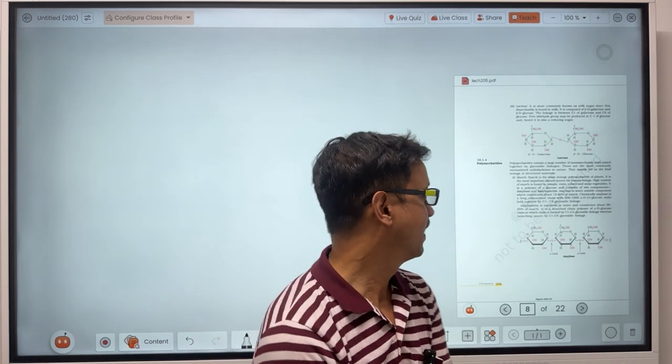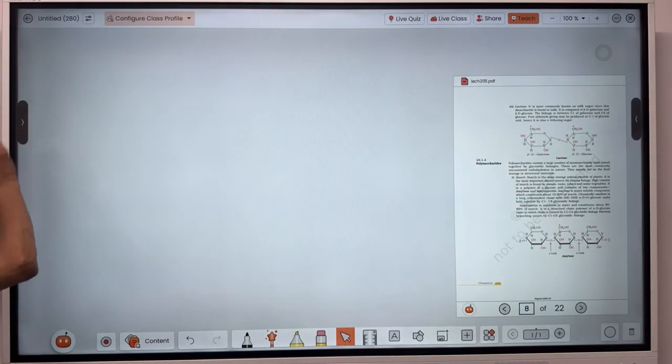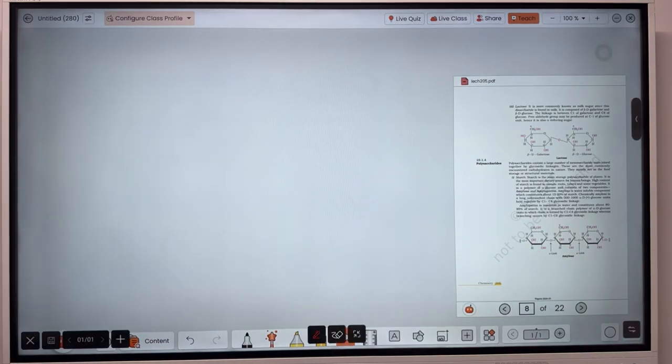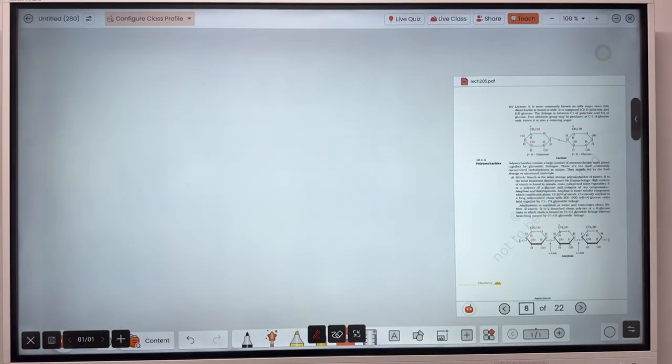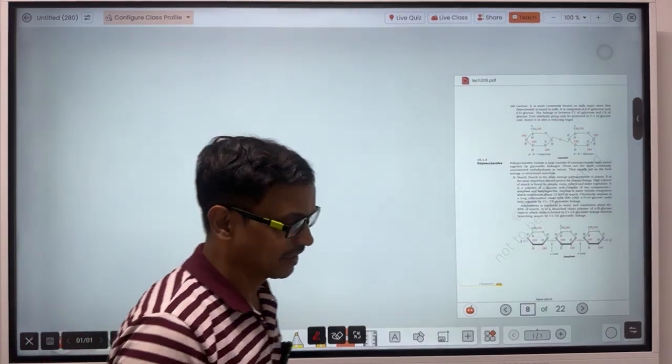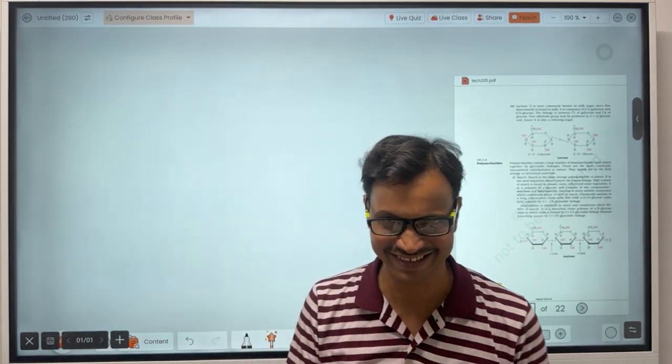Very easy structure, as you have drawn the two disaccharides, you can also draw this like that. Firstly you will have to draw beta-D galactose. What's the structure? The cyclic structure will be seen.